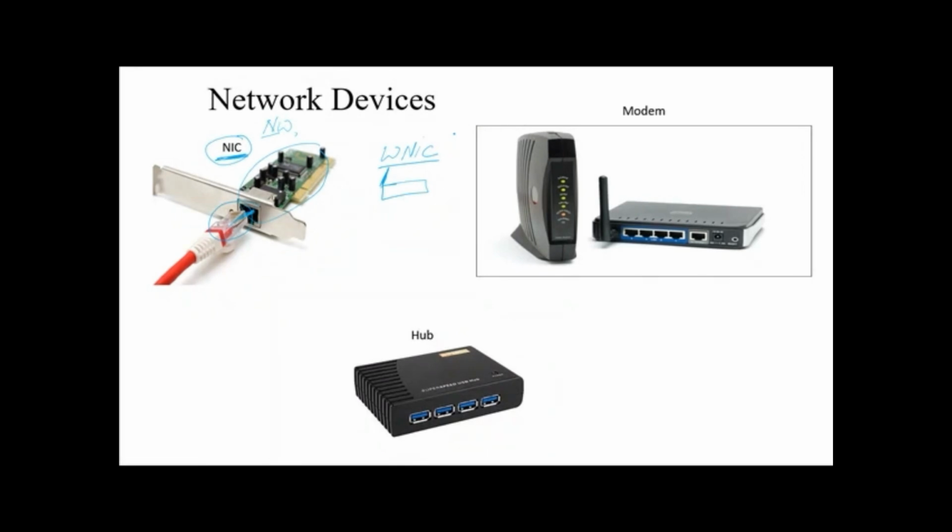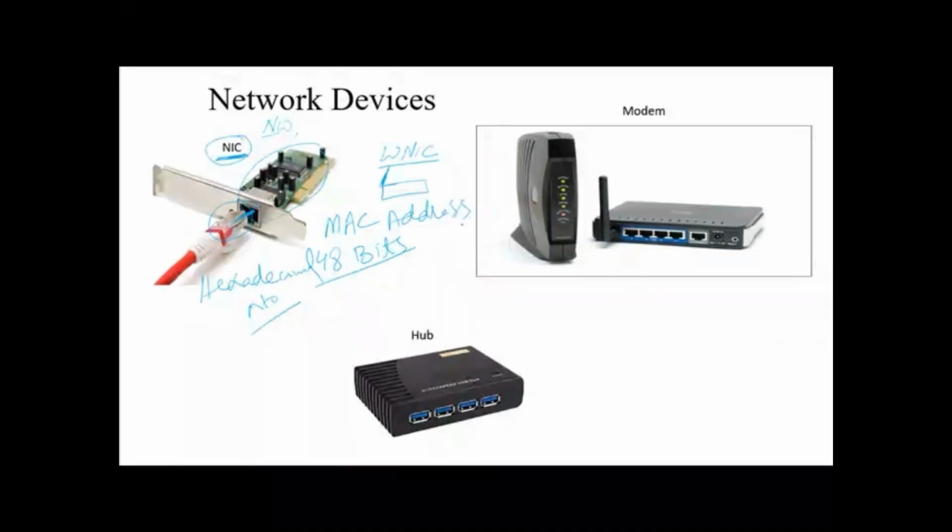Also, every NIC has a unique address. We already explained that. That is called the MAC address or the physical address, and it is a 48-bit address. And if you remember, we said that this address is represented in hexadecimal notation.